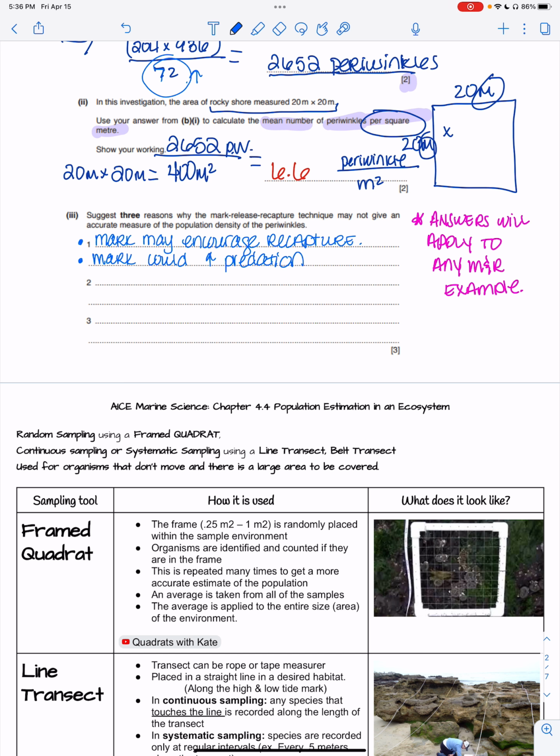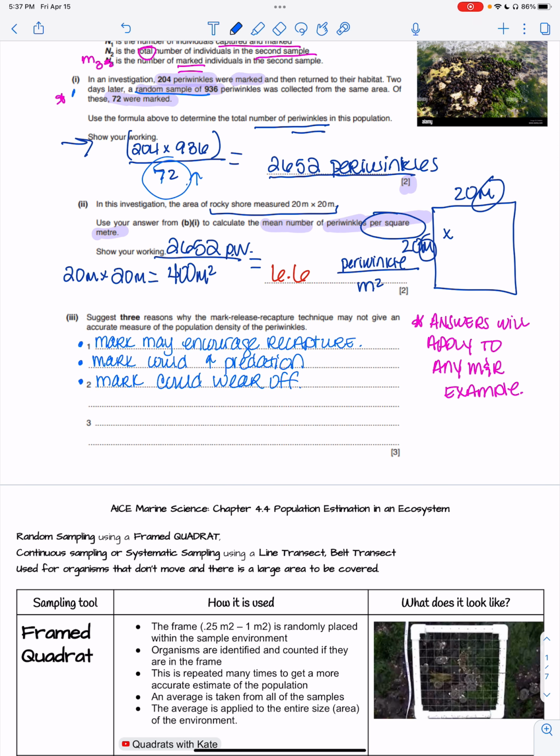All right. When using nail polish, we're not saying it's gel, it's nothing like that. But nail polish or any sort of paint that you put on there, especially being outside in the elements against waves and currents, the mark could wear off. And if the mark wears off, then within that second sample we collect them, we're not going to realize that one of these periwinkles or one of these organisms was something we already accounted for.